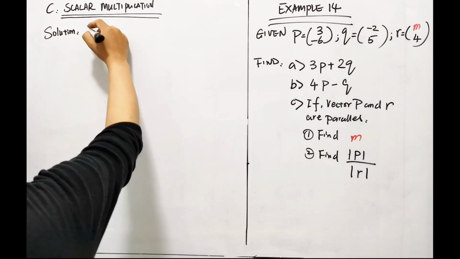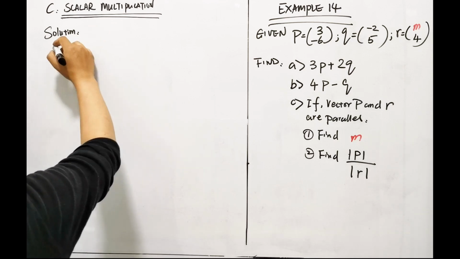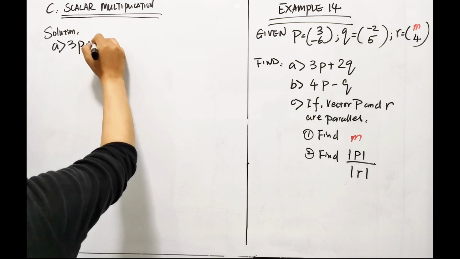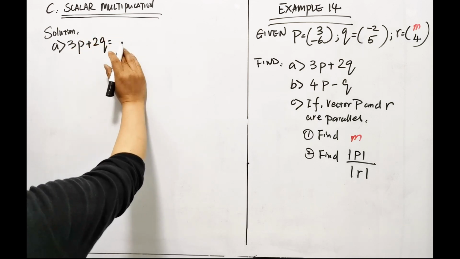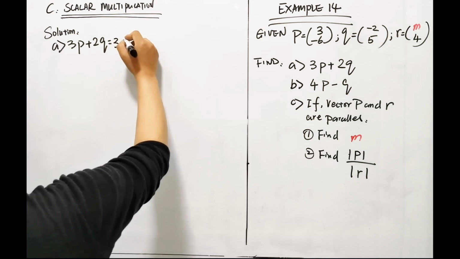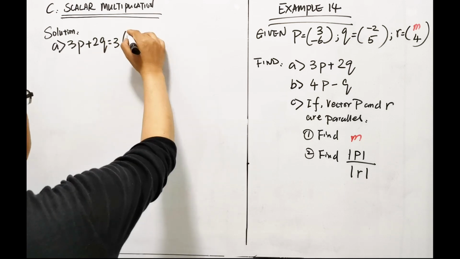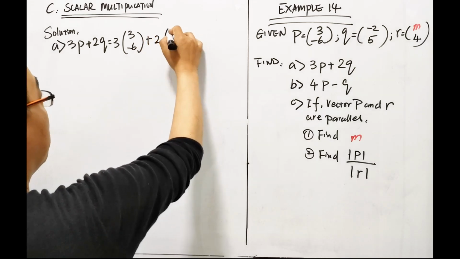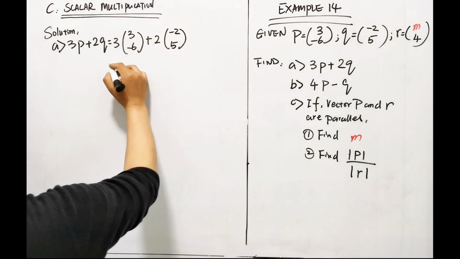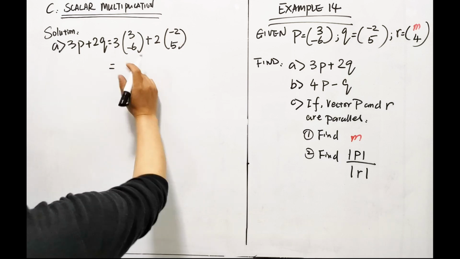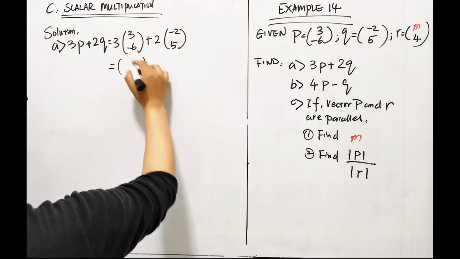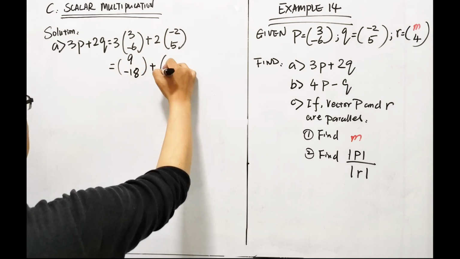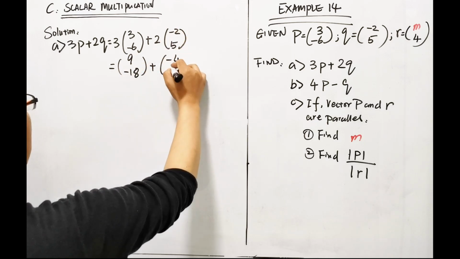First one, a. a is 3p plus 2q. In this case, we just bring them in. p is (3, -6), then plus 2 times q, (-2, 5). Bringing in the 3 gives 9 and -18, then plus (-4, 10).